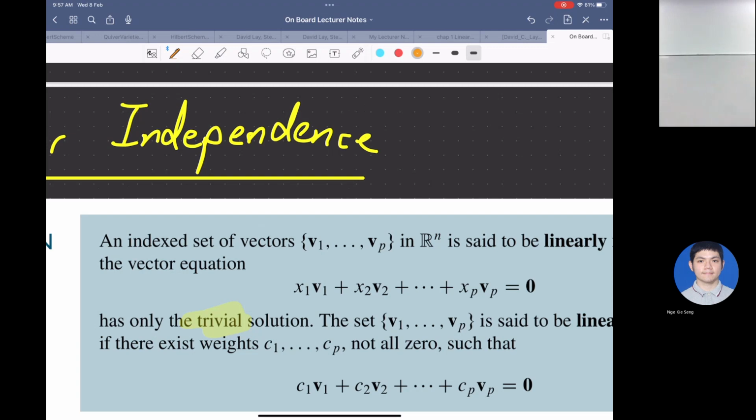Question? Before I break? No question. You have to tell me what linear independence means. I don't force you.